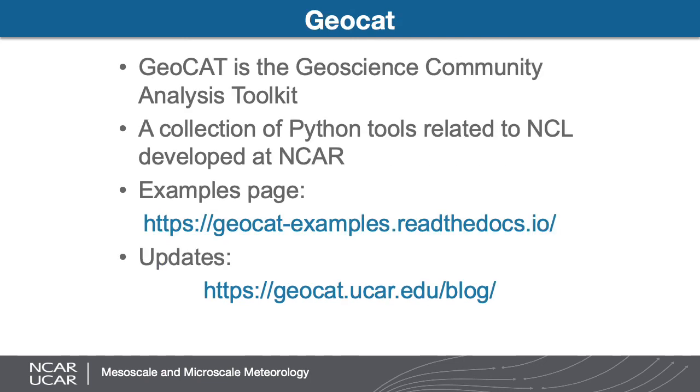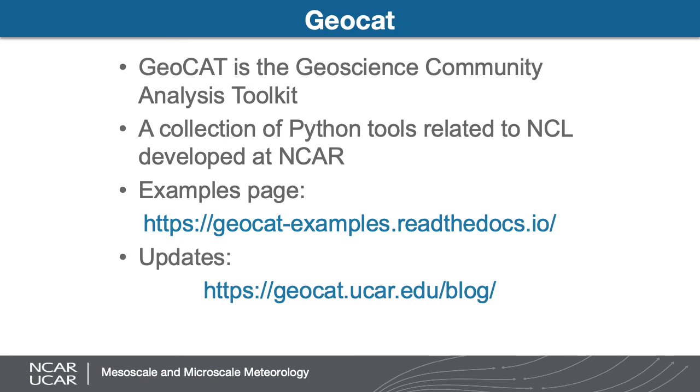Next, another thing that's being developed here at NCAR is GeoCAT. It stands for the Geoscience Community Analysis Toolkit, and it's a collection of Python tools related to NCL developed here at NCAR. One thing I didn't bring up earlier is that development of further NCL capabilities has stopped here at NCAR. It's still in maintenance mode, so bugs are still being fixed, and it's still going to be supported by NCAR.